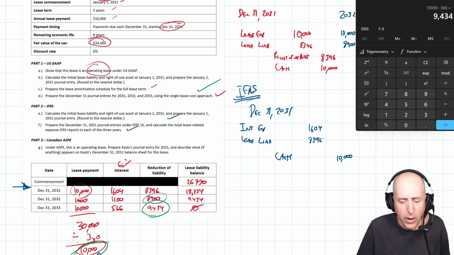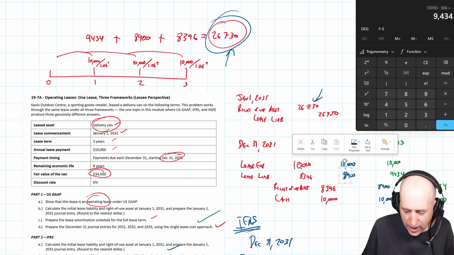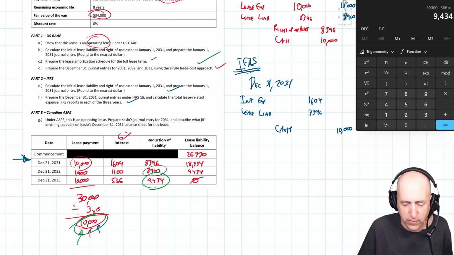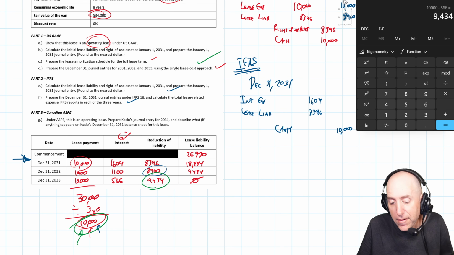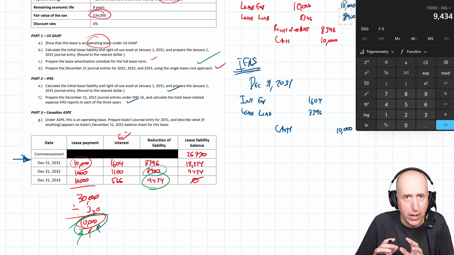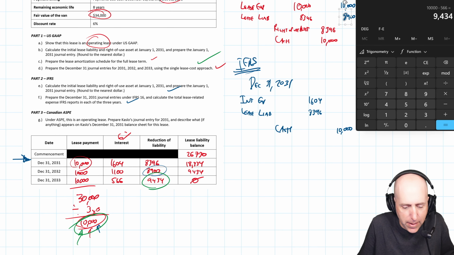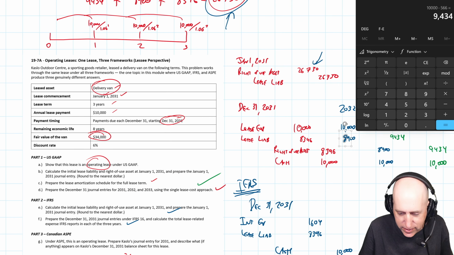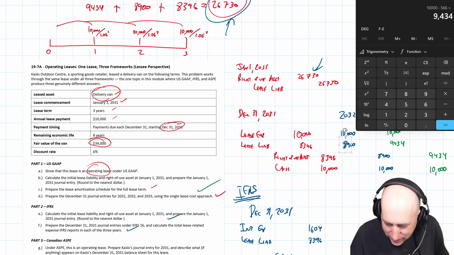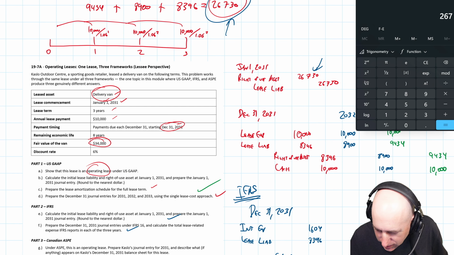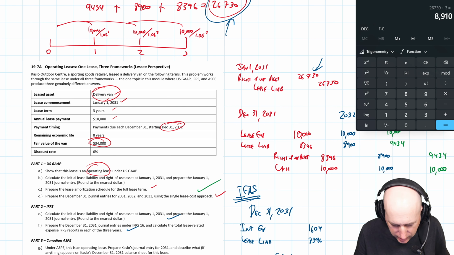But we also have to record the fact that our asset is falling in value, right? We had this right of use asset, and we're saying our asset's falling in value. Now, under IFRS, we would treat it like a finance lease, and that means we amortize or depreciate our asset. So, right of use asset was $26,730. We're depreciating it over 3 years, so $89.10.